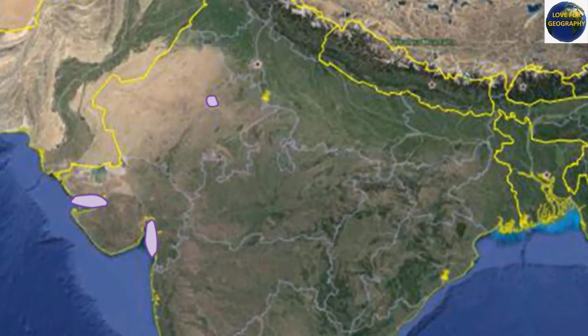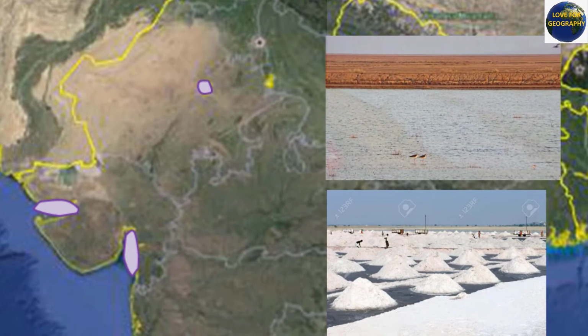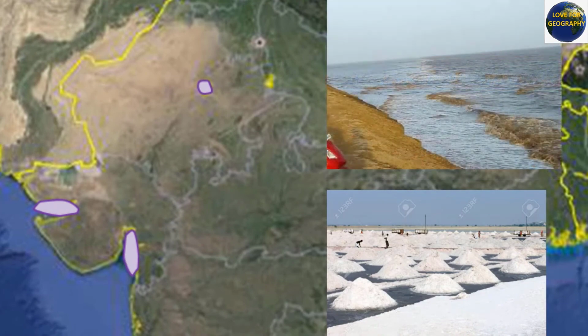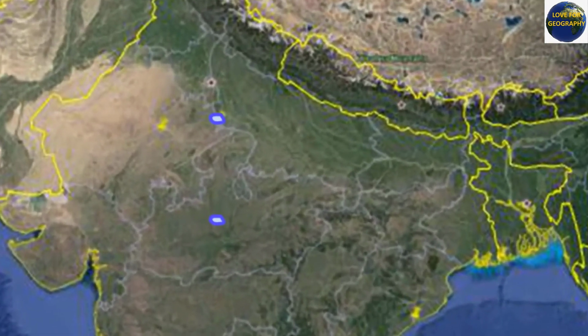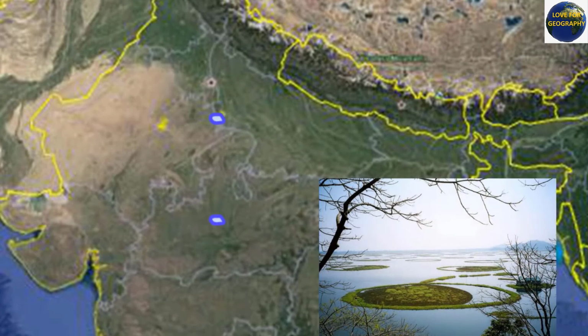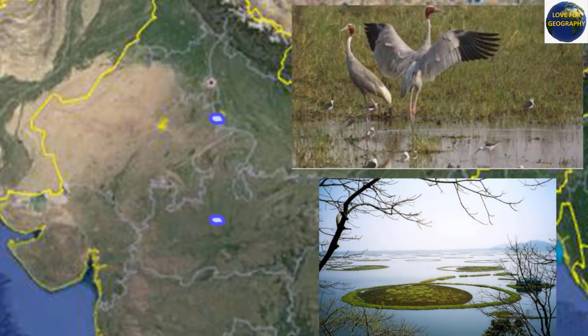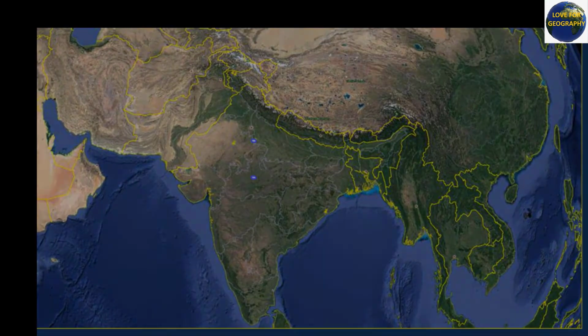Second, the vast saline expanses of Rajasthan, Gujarat and the Gulf of Kutch. Third one, freshwater lakes and reservoirs are spread through Rajasthan, Gujarat and Madhya Pradesh. Here please remember, Keoladeo National Park is a man-made wetland.